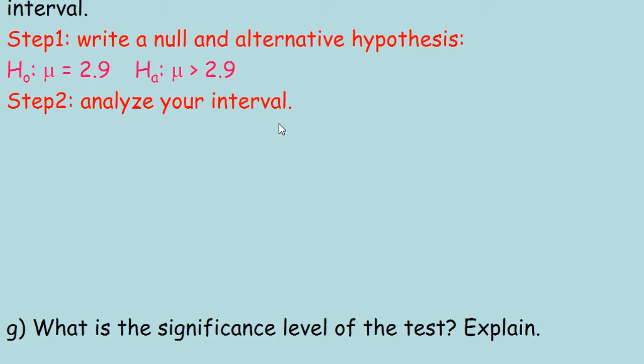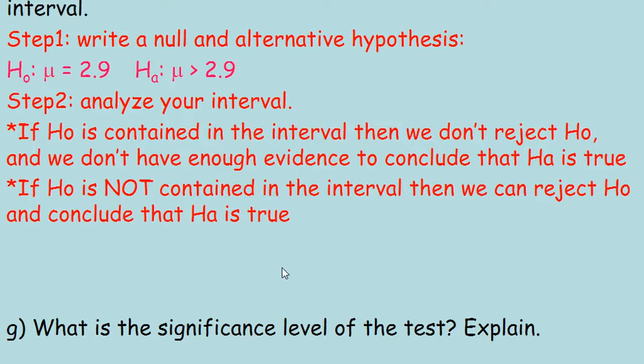Now, here's how you use your interval to analyze the situation. If your null hypothesis of 2.9 is contained in the interval, then you do not reject the null hypothesis. But if your null hypothesis, which is 2.9, is not contained in the interval, which is our case, you can reject that null hypothesis and conclude that HA is true.